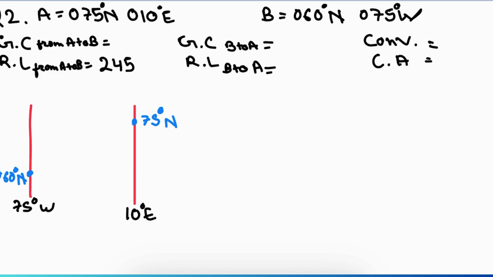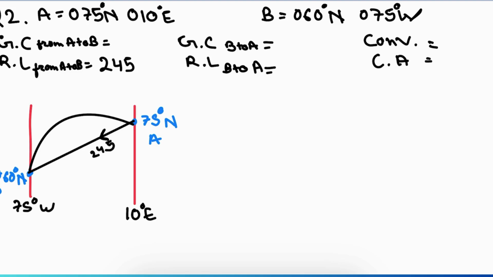So this is the point B and this is the point A. To draw the rhumb line, we have a straight line from A to B, which is the constant direction, and this is our great circle convex to the pole. We are given the rhumb line from A to B, which is 245.